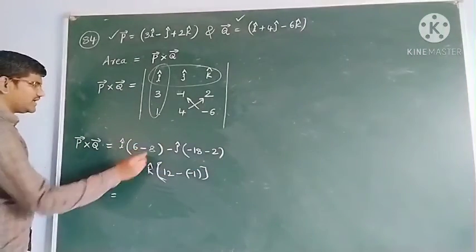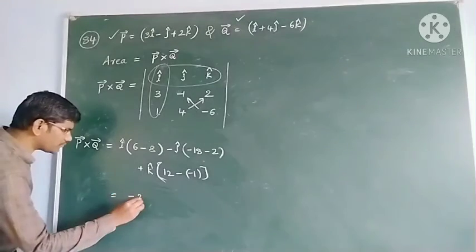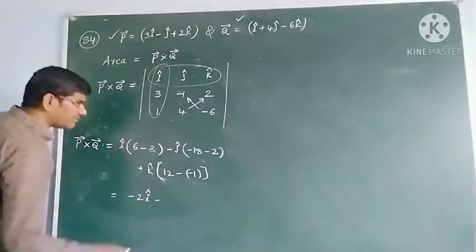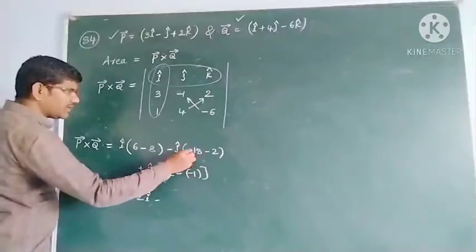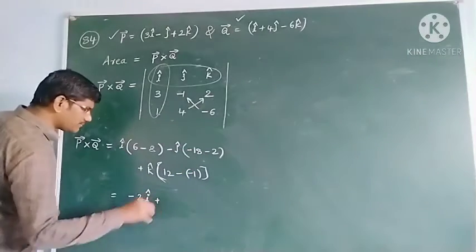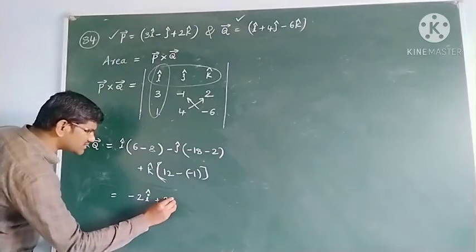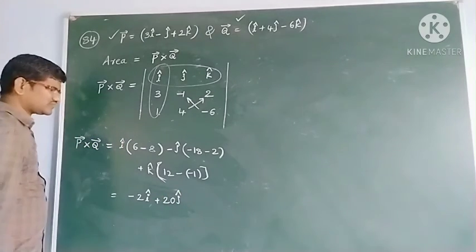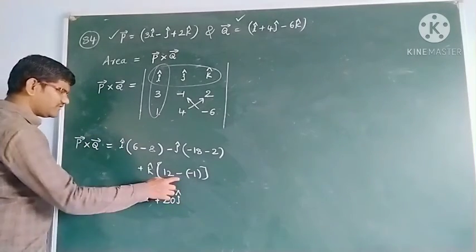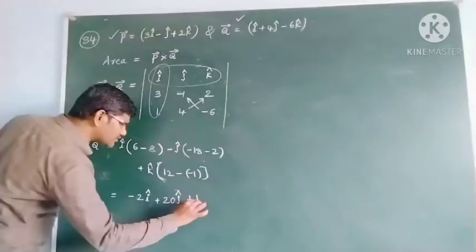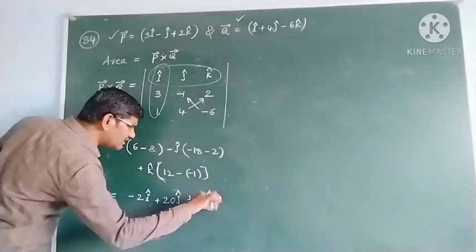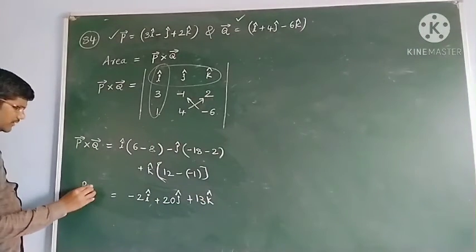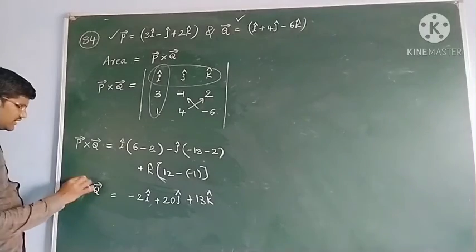So 6 minus 8, minus 2, minus 2 into i cap, and minus 20 and minus j, so plus 20 into j cap, and minus of minus plus. So what will you get? Plus 13 k cap. So this is called p bar cross q bar. So this is the vector, we got it.